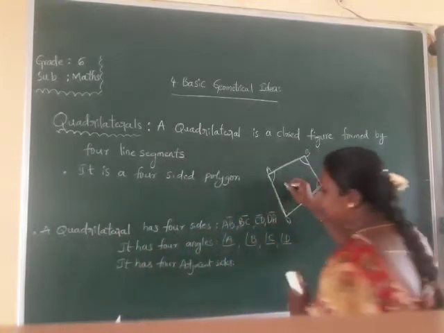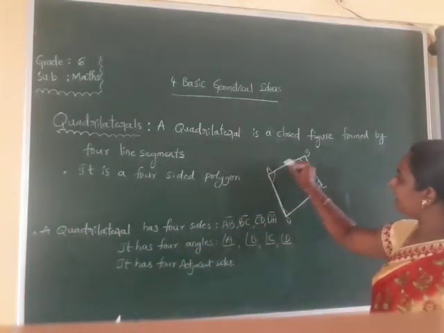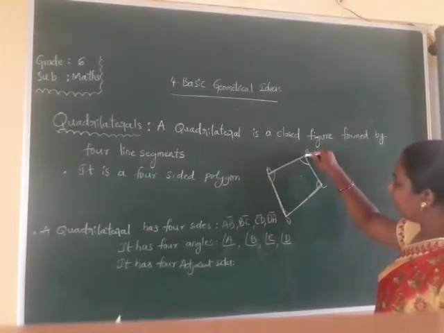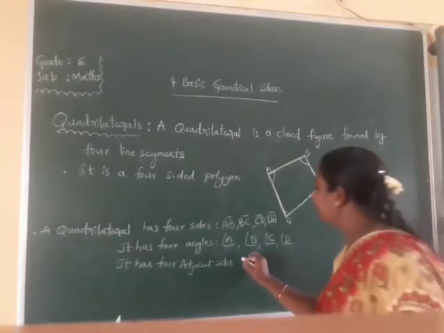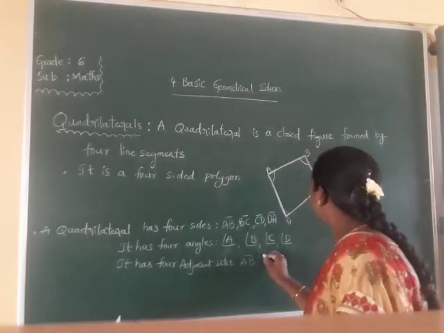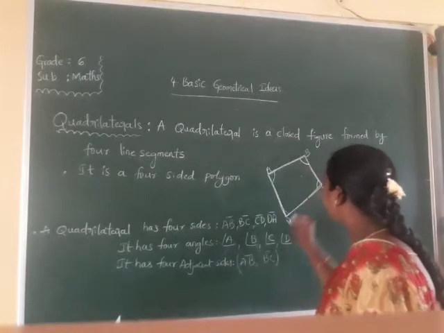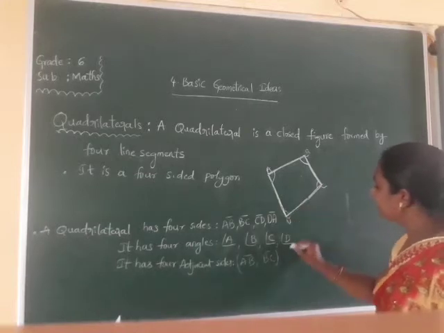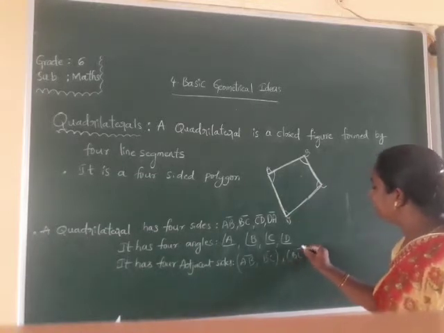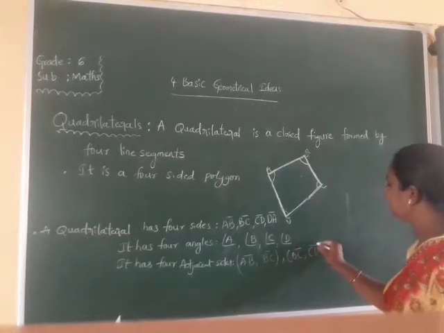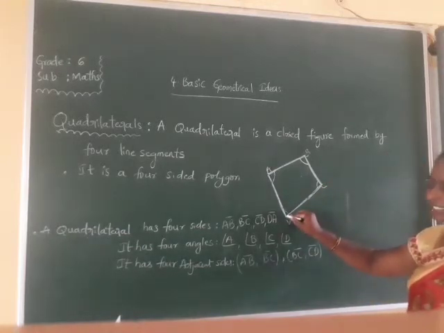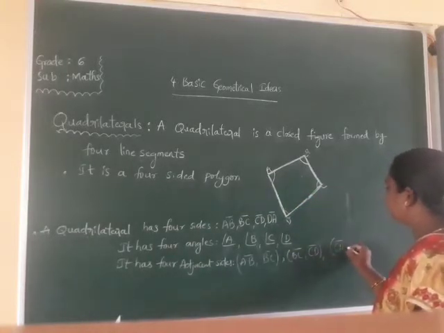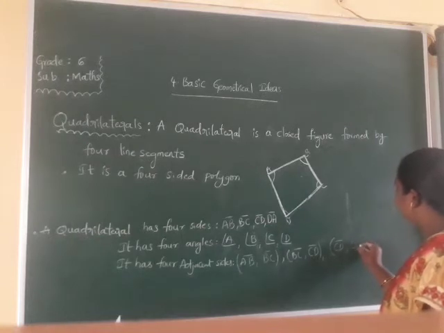I will explain that. What are the adjacent sides of quadrilateral ABCD? Look at this figure. The adjacent side of AB is BC. The adjacent side of BC is CD. The adjacent side of CD is DA.